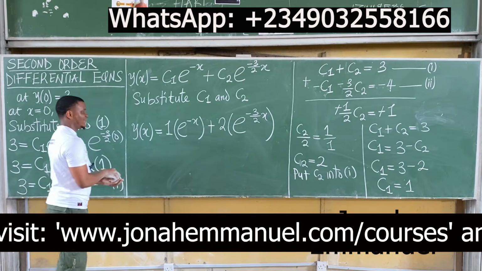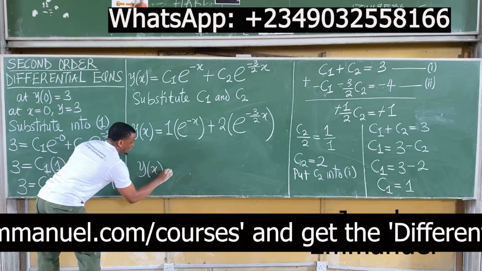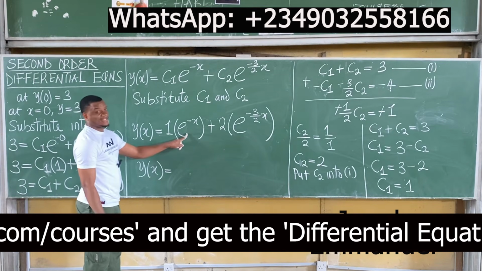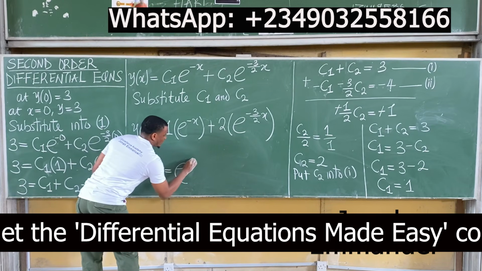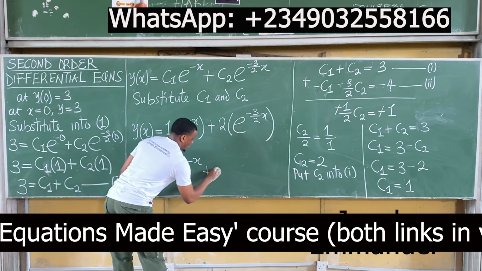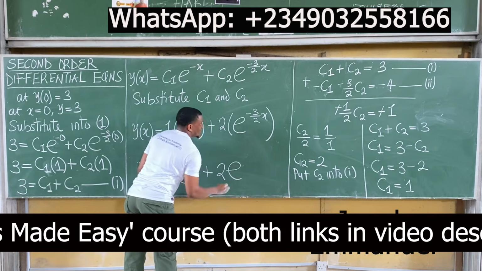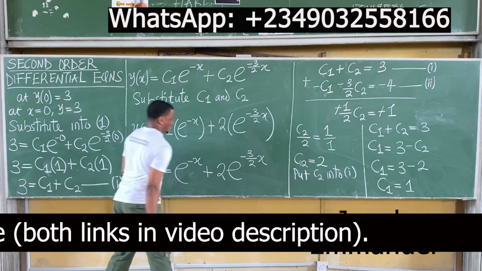So if I do that, what do I get there? I will have that y of x is equal to 1 times this is itself. That gives you exponential minus x plus 2 times this gives you what there? 2 exponential minus 3 over 2x.